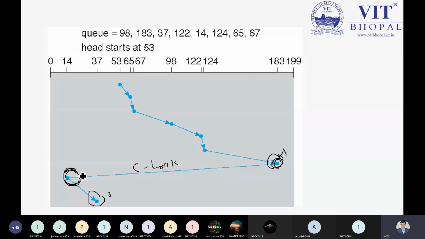If the same problem is solved by C-SCAN, we need to go from 183 to 199, and then jump to 0, and then 14 and then 37. It's a little bit of a difference we need to keep in mind between C-SCAN and C-LOOK.